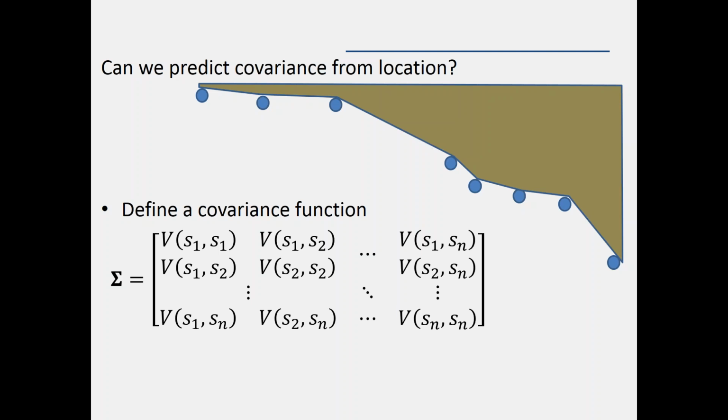I think the question I was really more interested in is for the random walk, where there's not that correlation estimated explicitly, but presumably there is some correlation between point 1 and point 2 and point 3 and point 4. Is there a covariance function for that?